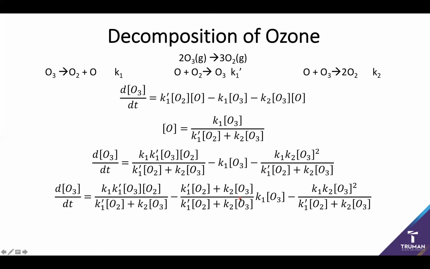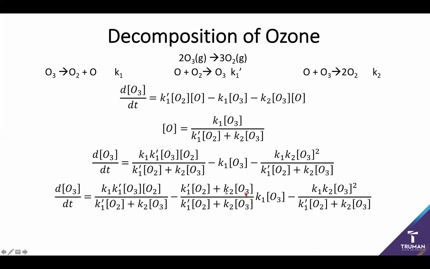So doing this, I can then multiply by k1, and in this case, we again get very lucky because k1, k1 prime, O2, O3 is the same thing as my first term. Then I watch the signs, plus on the first term, minus on the second term. They'll essentially annihilate out. That leaves me with negative k1 k2 O3 squared.